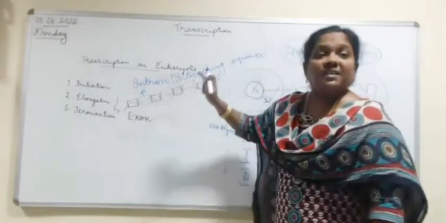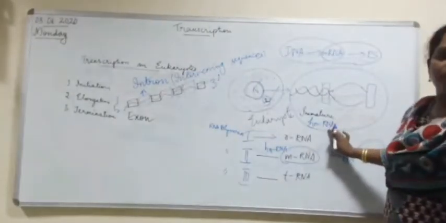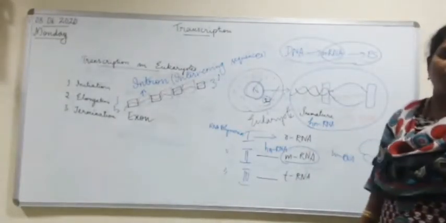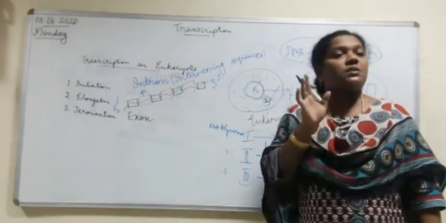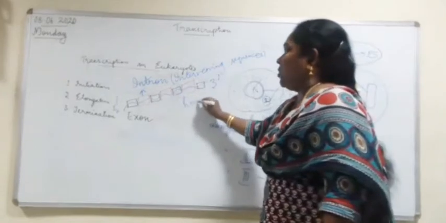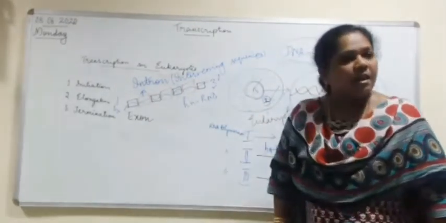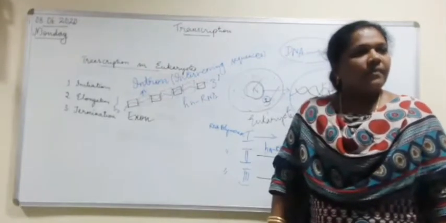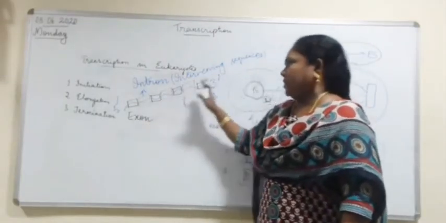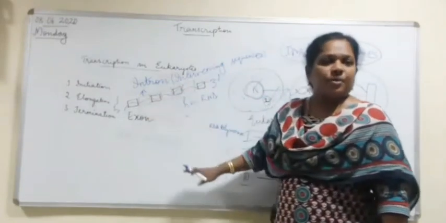If these introns are present, then you call this an immature one or not a processed one, or HnRNA, which is not ready for the protein synthesis. Have you understood? From 5' to 3', if the intron is there, it will not be ready for protein synthesis.